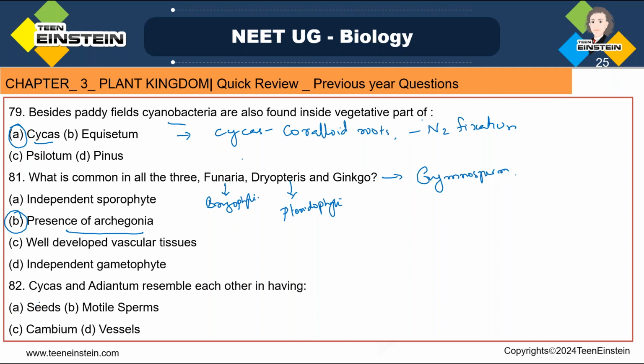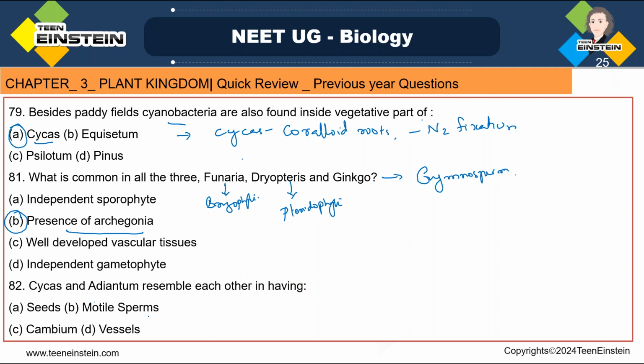Okay, next question. Cycas and Adiantum resemble each other in having. See, Cycas comes under gymnosperm, and Adiantum is a pteridophyte, right? Option A, seeds; B, motile sperm; C, cambium; D, vessels.